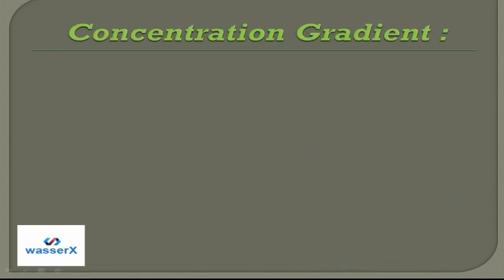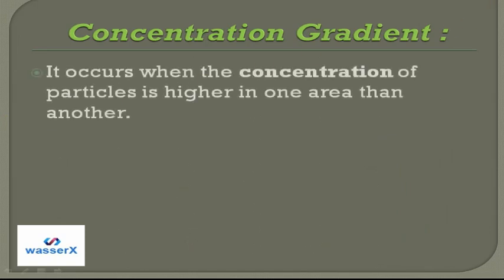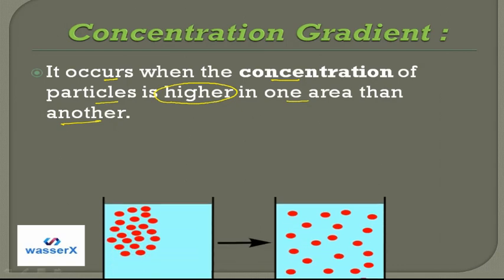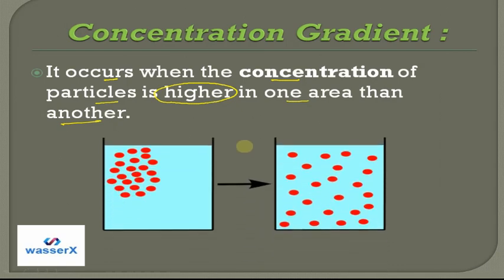Then we can see something about concentration gradient. So what is concentration gradient? If I want to define it, I can say that the concentration gradient occurs when the concentration of particles is higher in one area than another. Let's take an example of one image. Here you can see that there is a high concentration of particles in this area, and in this area there are no particles at 0 second or at the given time, right?